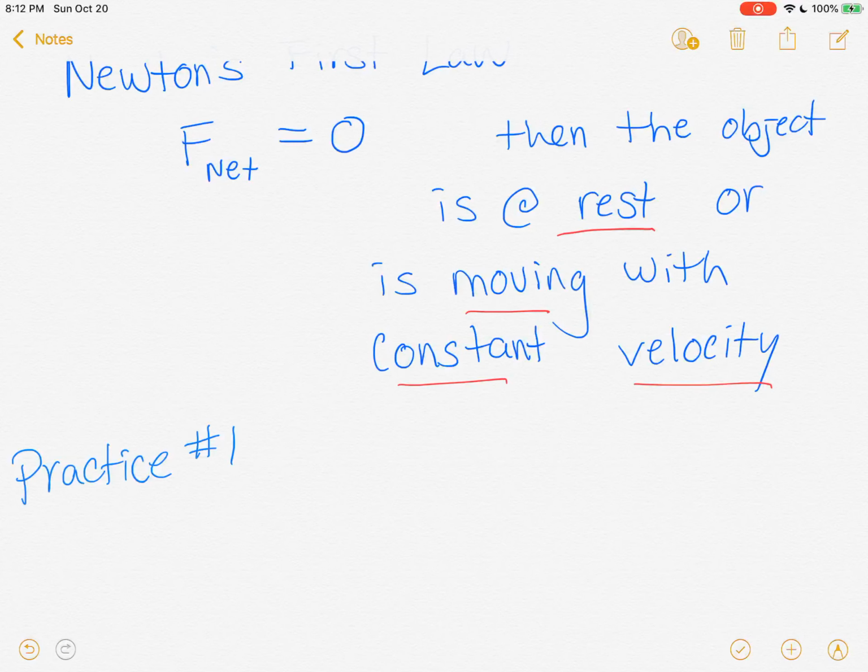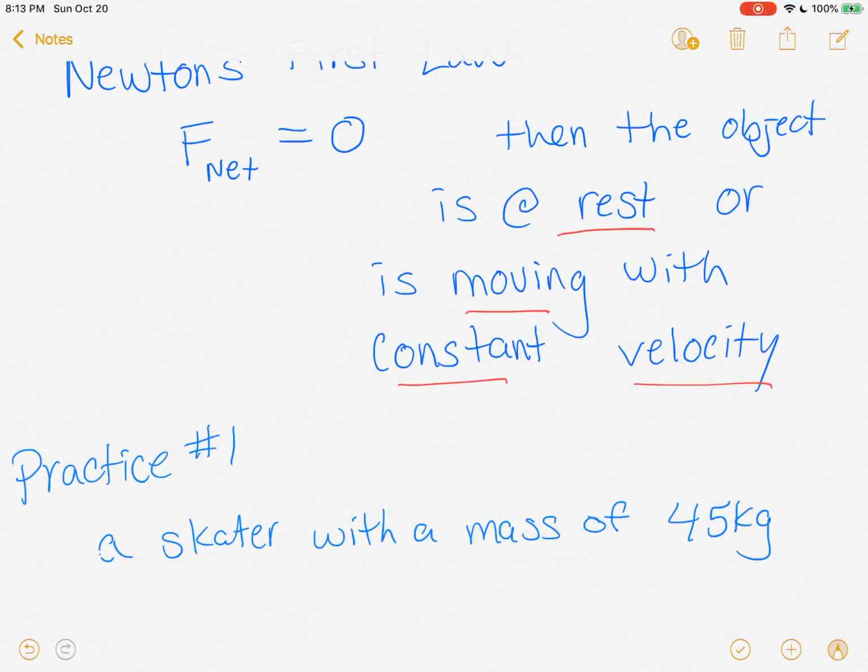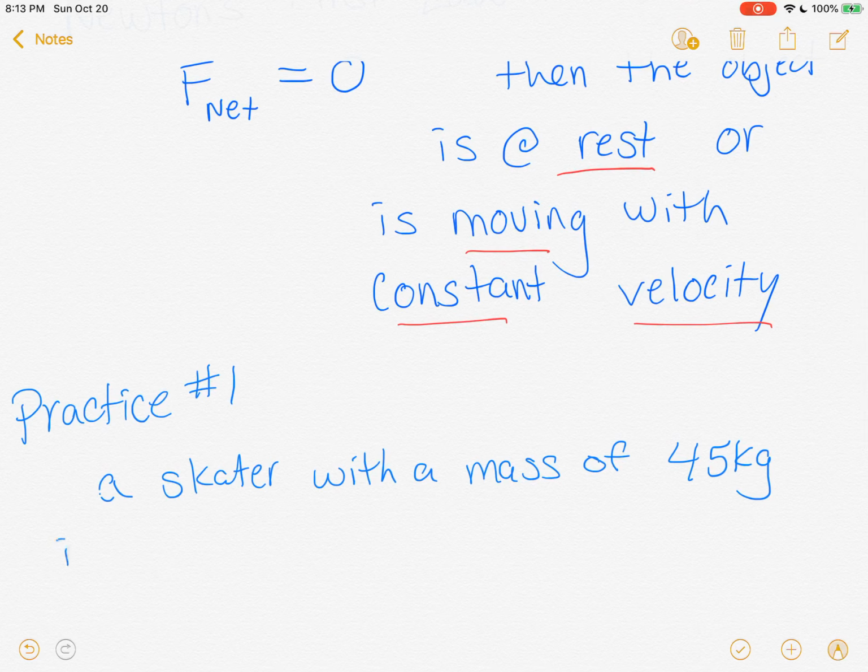So we have a skater with a mass of 45 kilograms, and the skater is at rest.